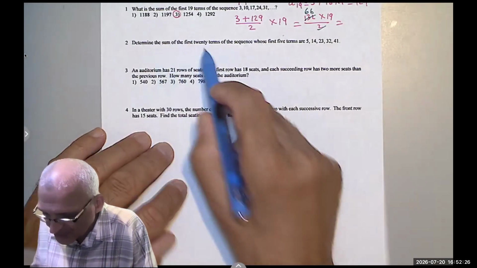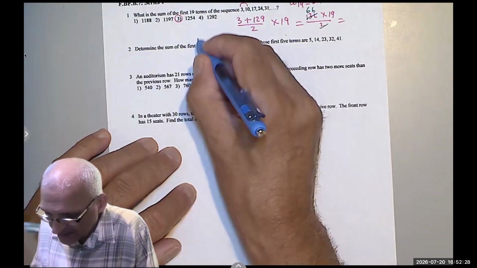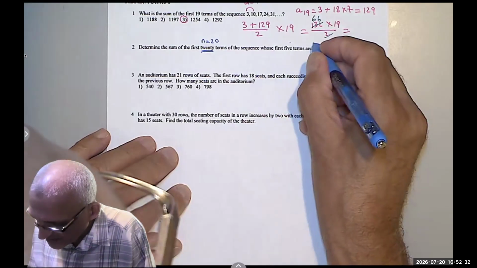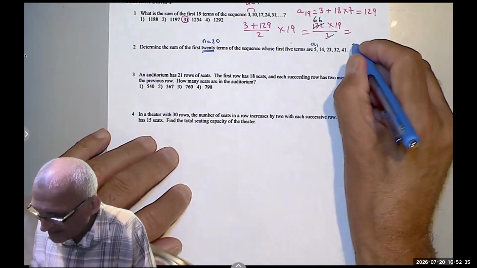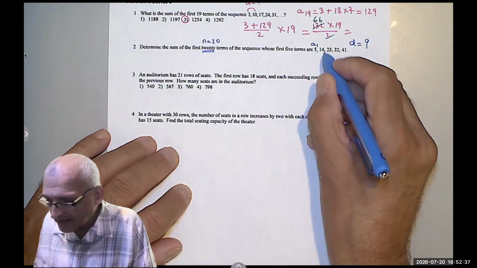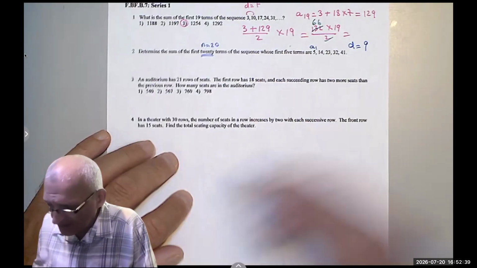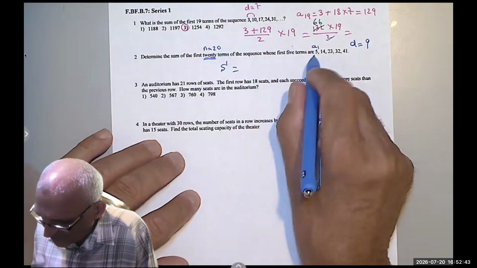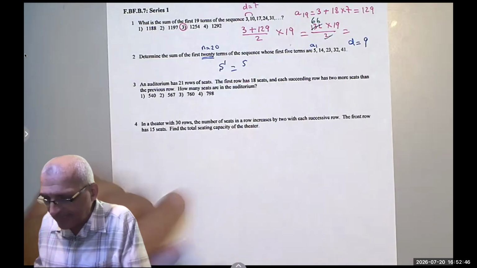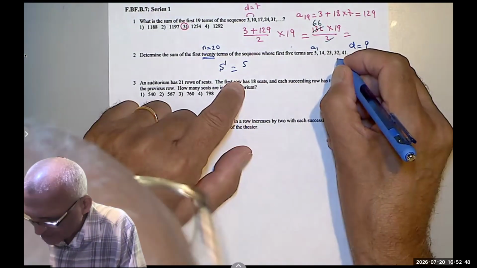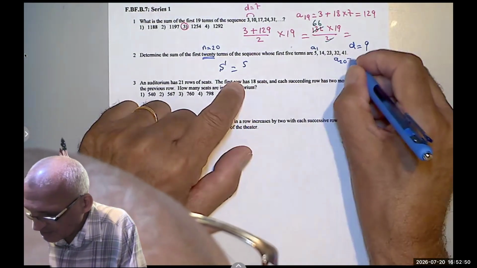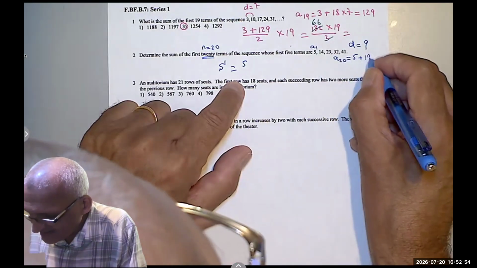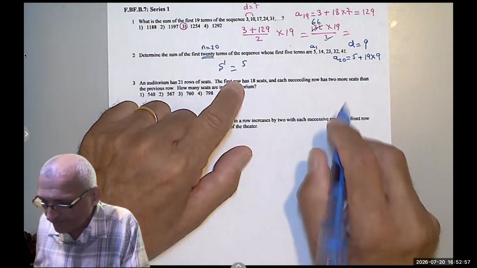Determine the sum of the first 20 terms, n is 20, of the sequence whose first term is 5 and d is 9. So the sum equals, the first is 5, I need the 20th. A sub 20 equals A sub 1, which is 5, plus 19 times 9.